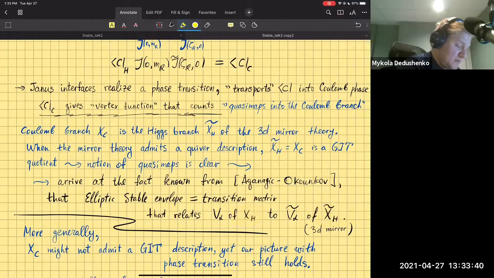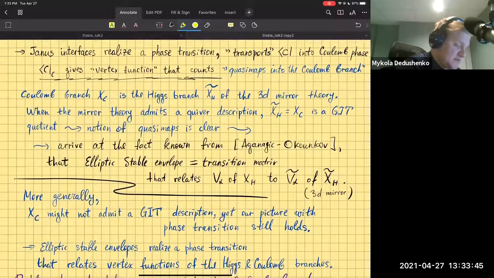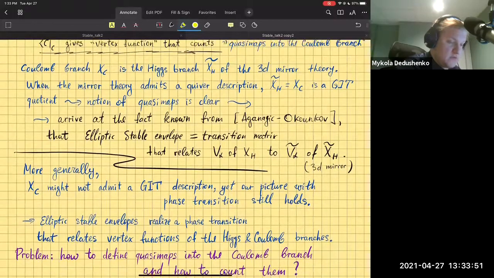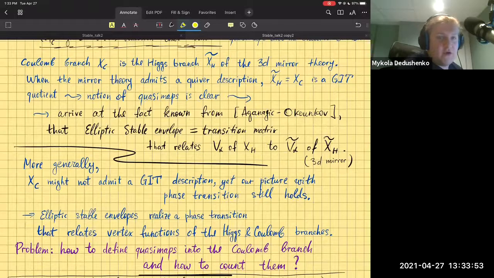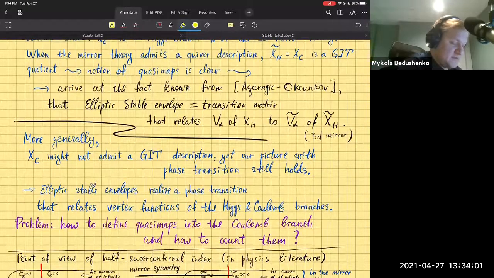More generally, we could imagine that this X_C does not admit a 3D mirror description. So you have a theory, but you don't know how to write its 3D mirror. But still, this picture with phase transitions still holds because you simply do it in the original theory without passing to the mirror.